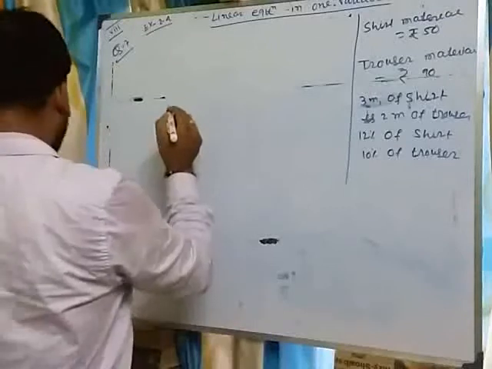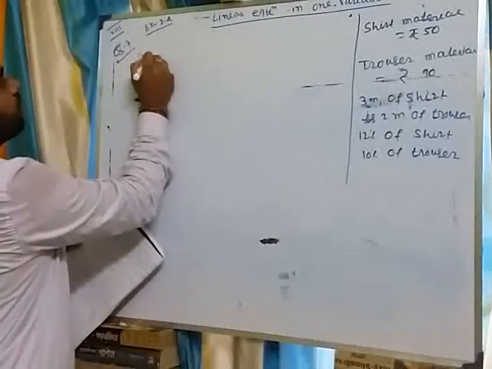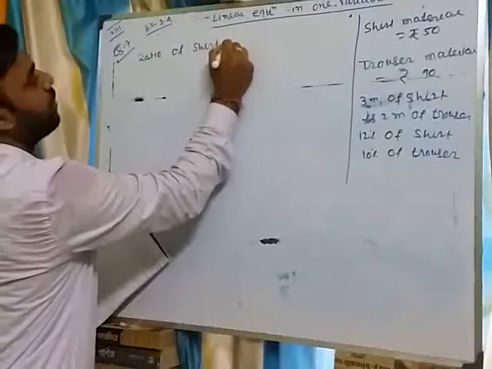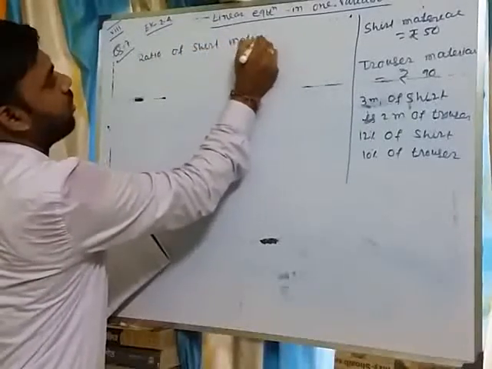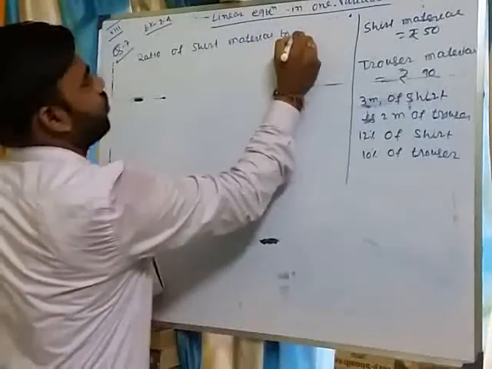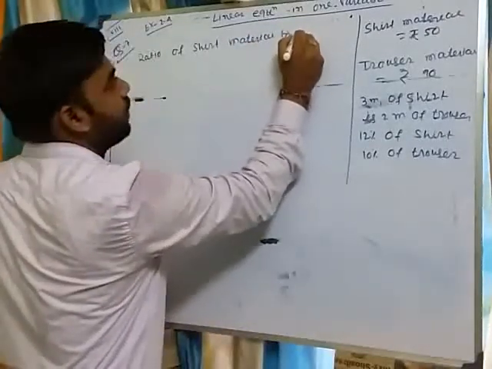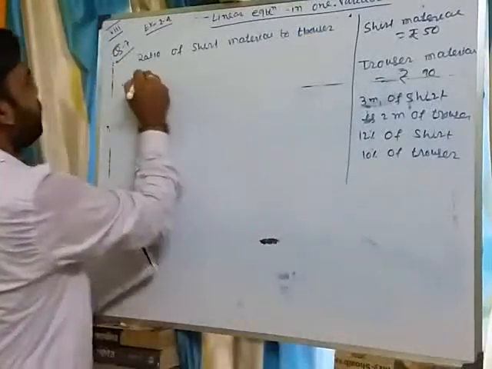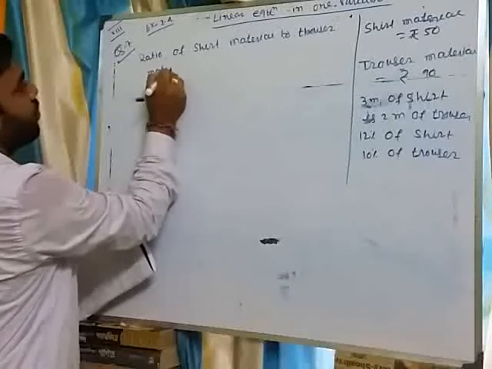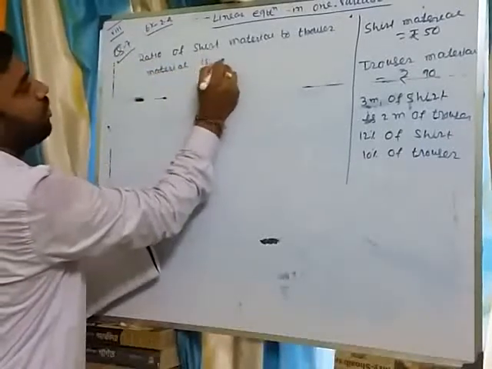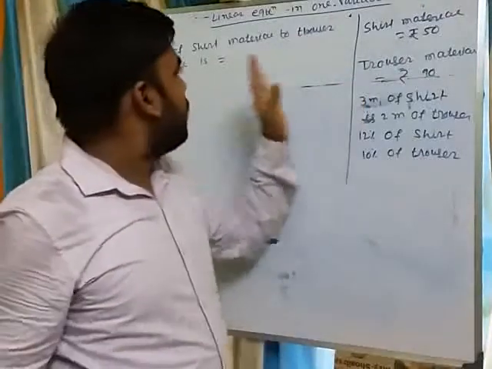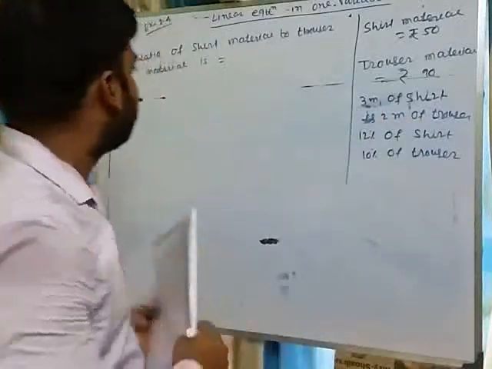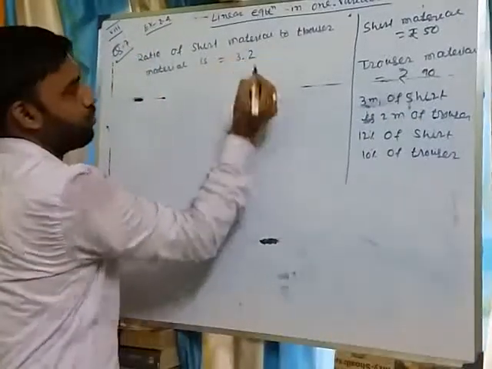Therefore, the ratio of shirt material to trouser material is 3 meters of shirt to 2 meters of trouser, that means 3:2, that is given.